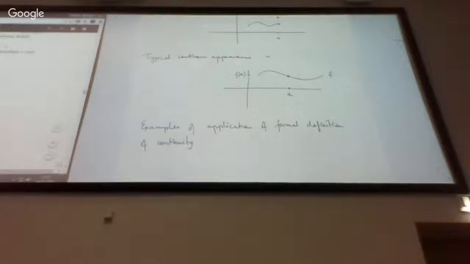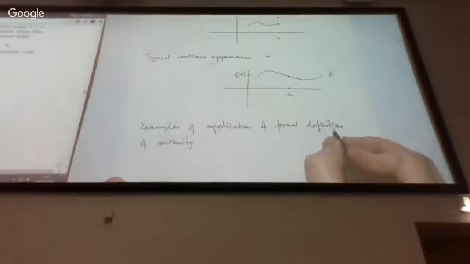The property is expressed in terms of this implication between inequality statements. The absolute value of x minus a is less than delta. If x is lying in this interval here, that implies that f of x is lying inside that interval on the y-axis. So that's the formal definition of continuity. So let's look at an application of it now.